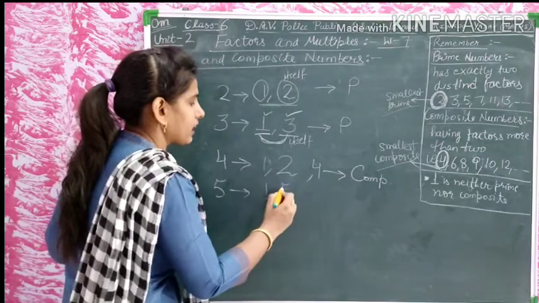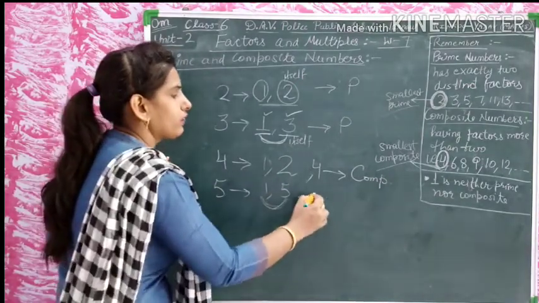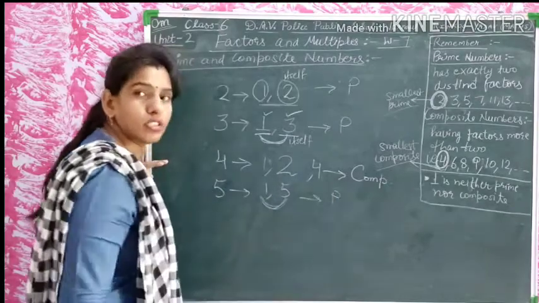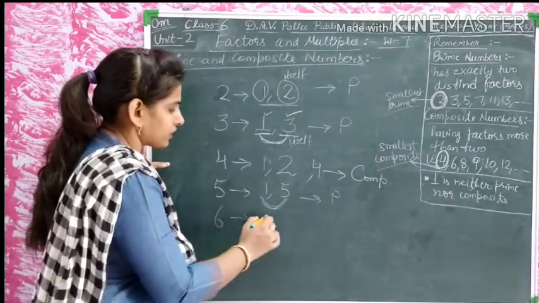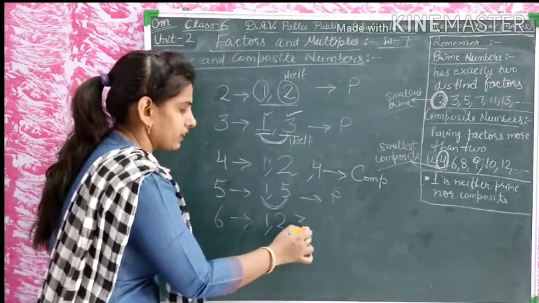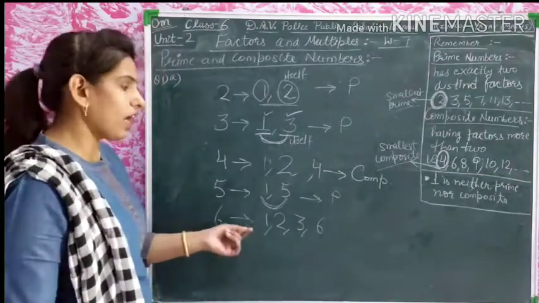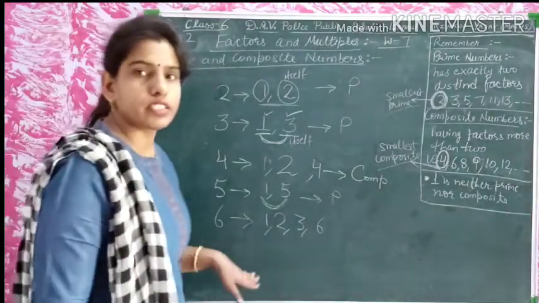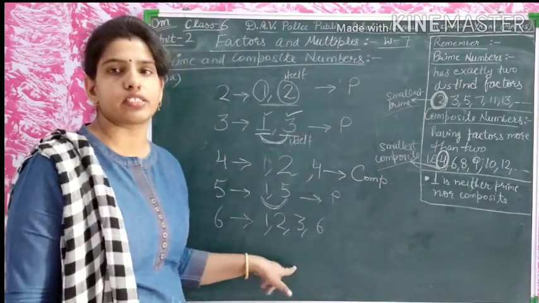Its factors are 1 and 5 only, 1 and itself. It means this is a prime number. Now next is 6. 1 divides it exactly, 2 divides it, 3 divides it and 6 divides it. These are the factors. You have already done factors, so you can easily write the factors directly.